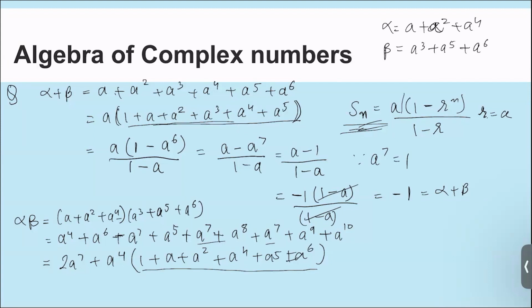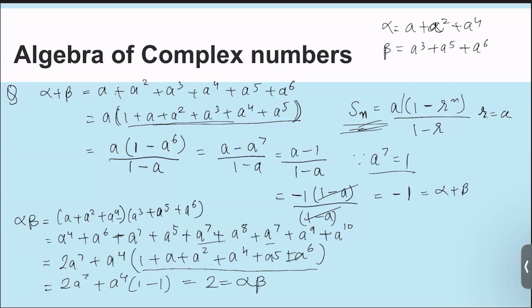So you again get 2 plus a raised to 4 times 1 minus a raised to 7 over 1 minus a, and since a raised to 7 is equal to 1, you get this as 2. So your alpha into beta, the product of the roots, is actually 2.